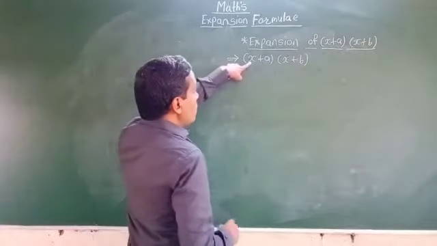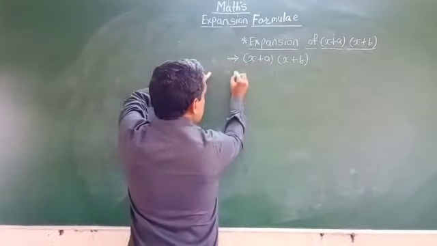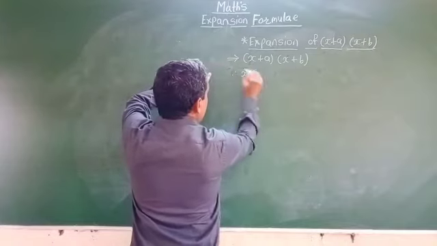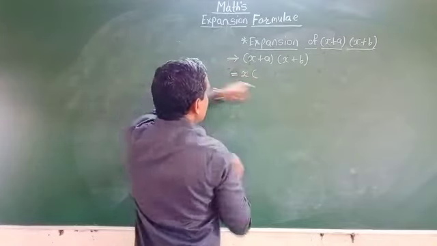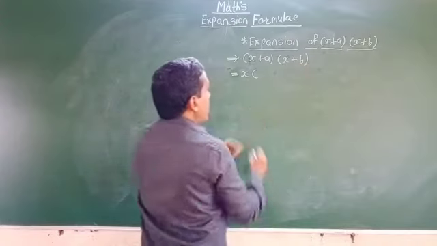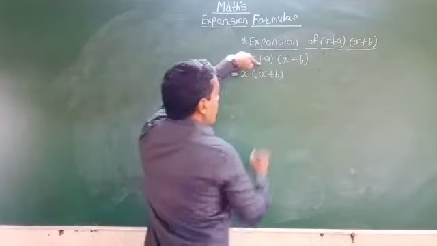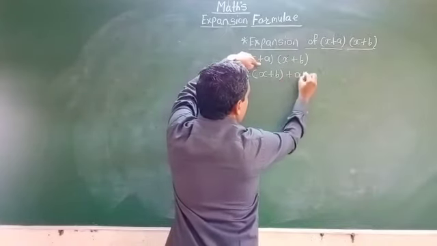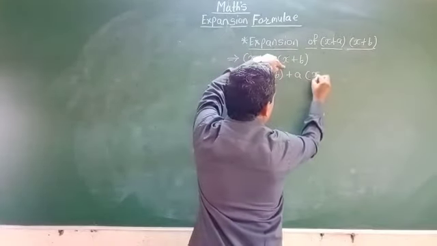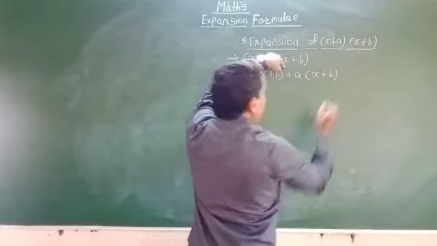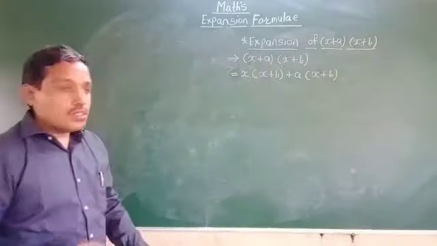How? First of all, x is multiplied completely with the binomial x plus b, and then after that a is multiplied completely with that binomial.